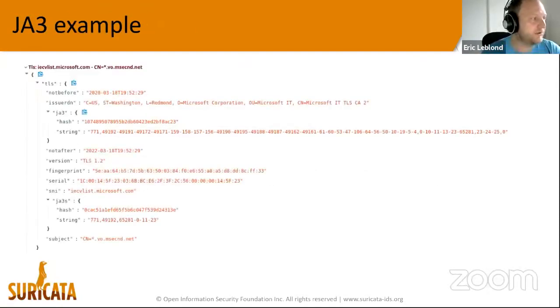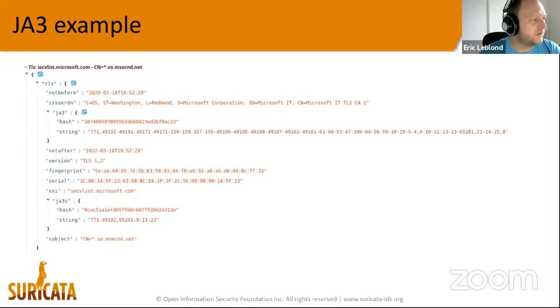So for the GS3 example, we are taking the same example as before. We have the GA3 string that you can see starting with 771. That is a long string, and in fact, it's just a series of parameters using the identifier of the message in the TLS connection. This is what was found significant to identify the TLS implementation.